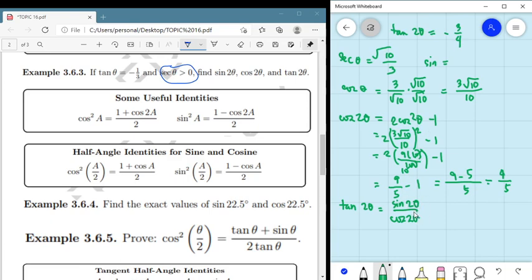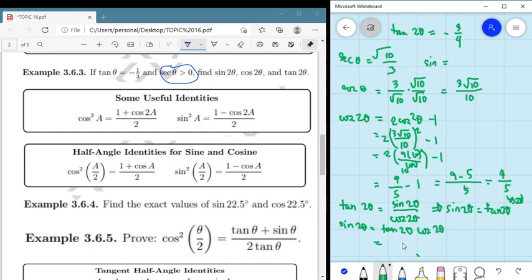So that's why kung atong pangitaon si sine 2 theta, mao diay sine 2 theta is equivalent to tangent 2 theta times cosine 2 theta.